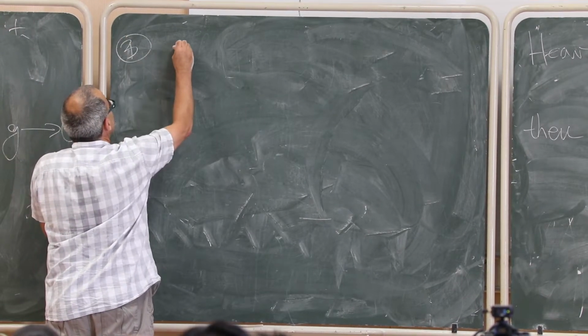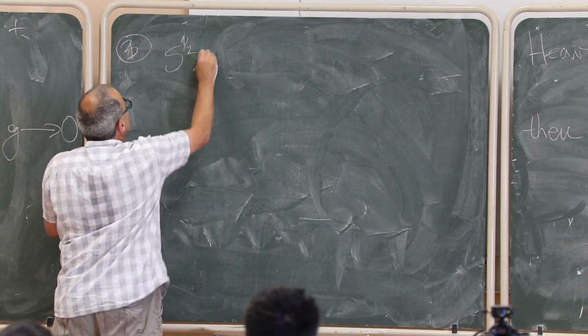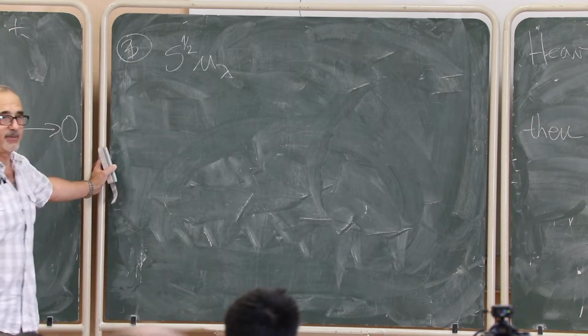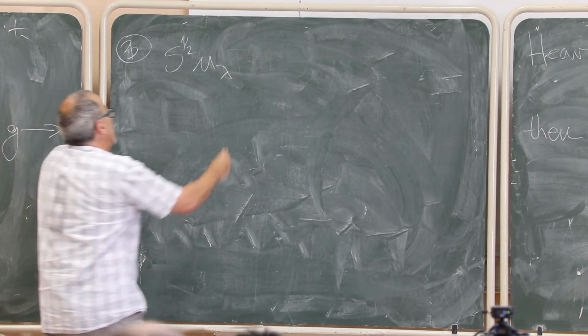I have to prove that S to the 1/2 U lambda converges in the Hilbert space. And I have something very similar.